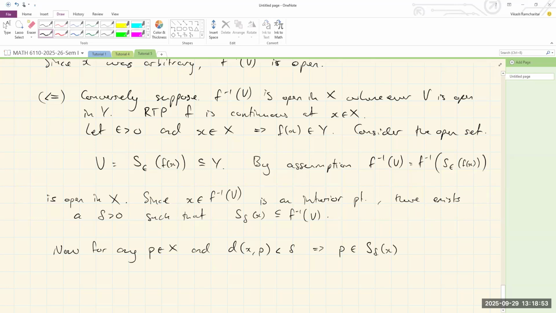This ball consists of all points which are within a distance delta of the center x. So if I take a point P that has a distance less than delta to x, then P is obviously in this open ball, open sphere. And I know that this open sphere is within the preimage of V, right? So if P is in this open sphere, then P is also in the preimage of V, because the delta sphere is within the preimage of V.